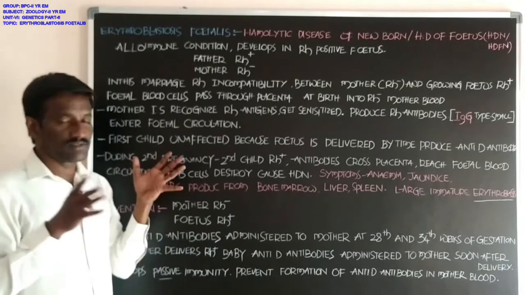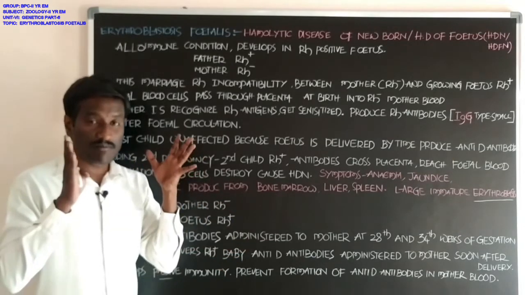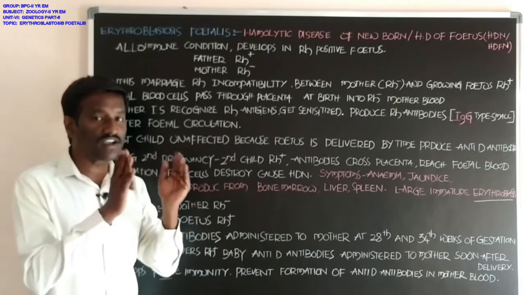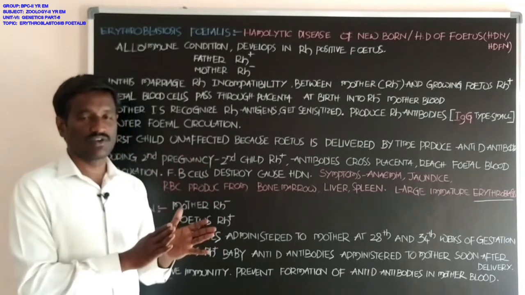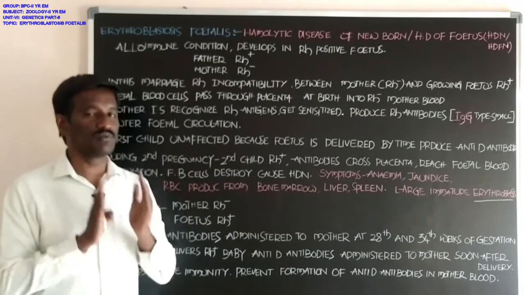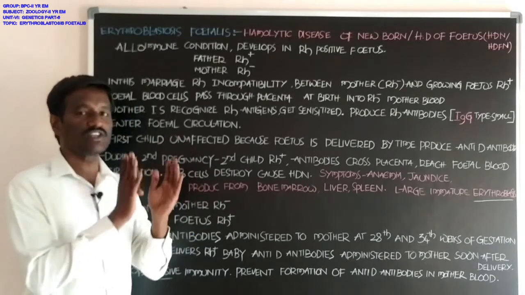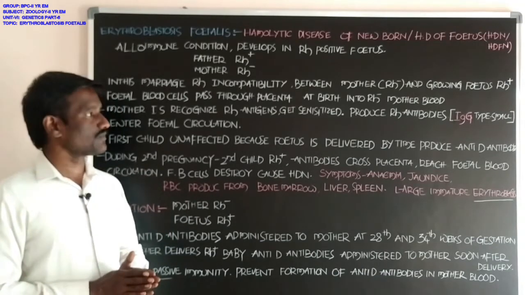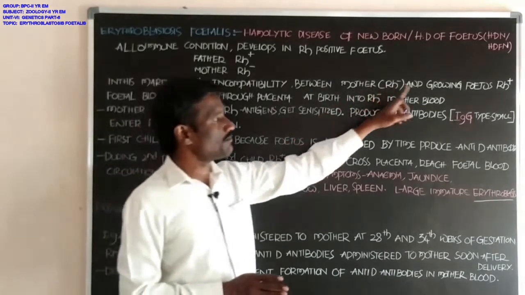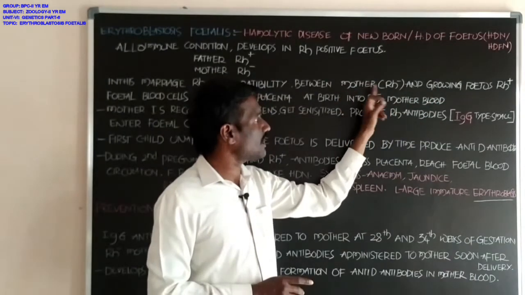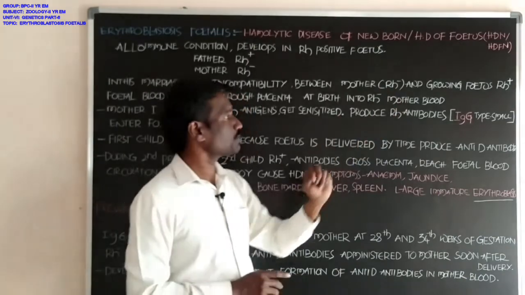In this marriage there is a chance of genetic incompatibility between the Rh negative mother and the developing Rh positive fetus. Students, it is very important: the growing fetus is Rh positive and the mother is Rh negative.